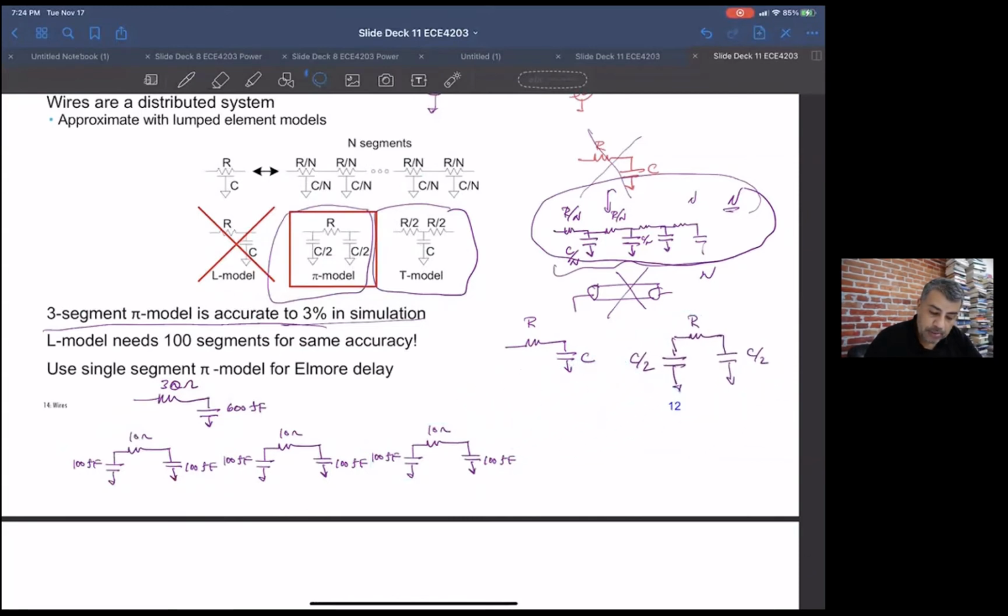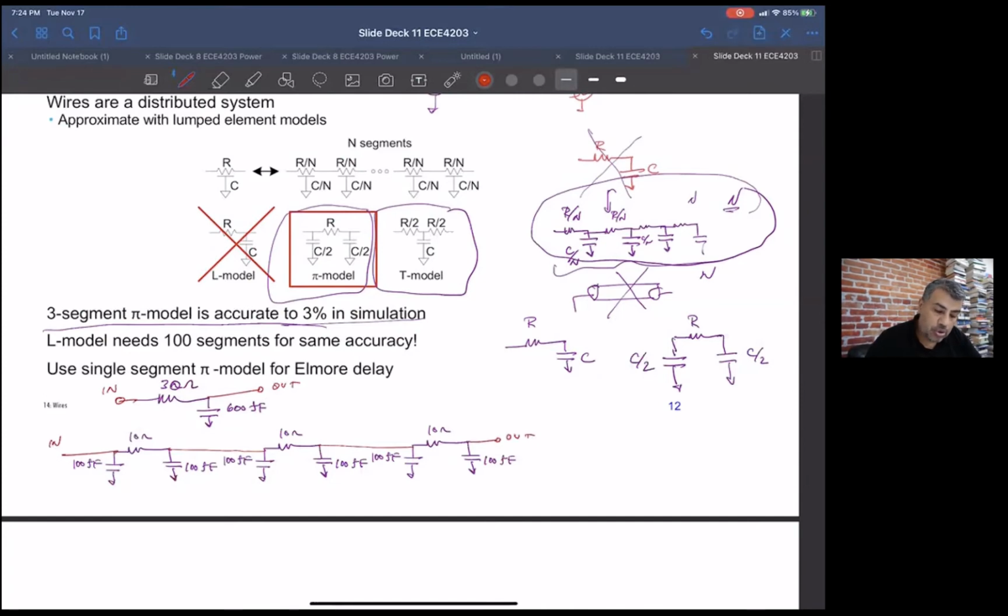This thing out of the way here. So what you do then is you connect these guys up. Okay, so in total here, this is in, out, in, out.